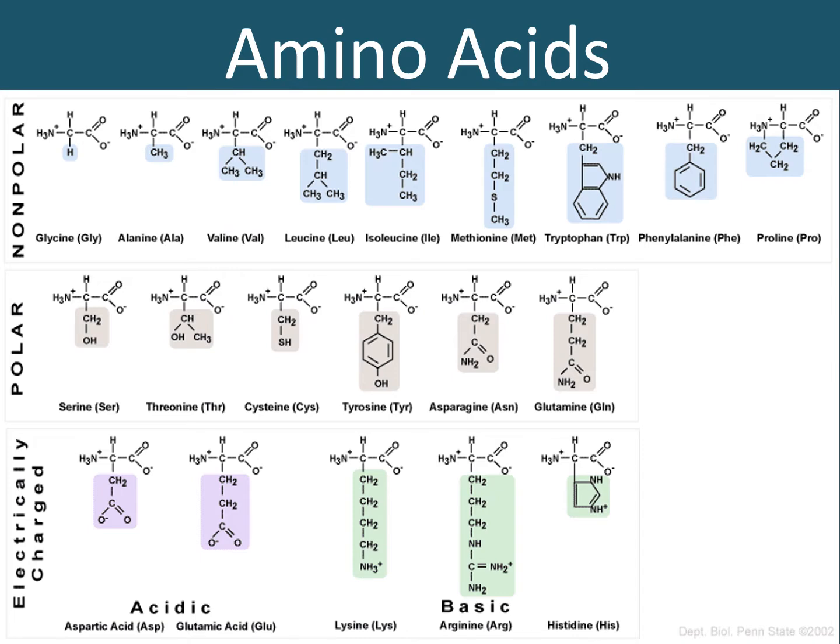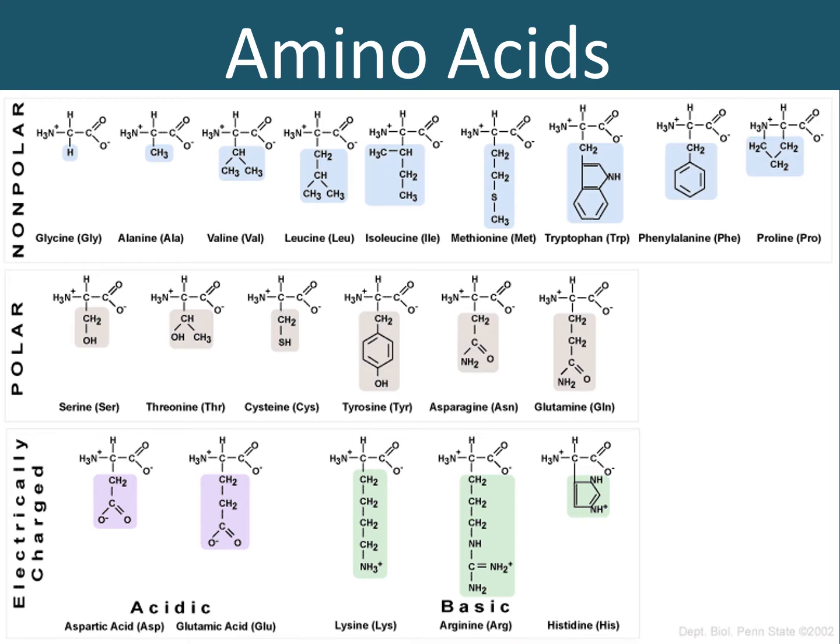This is a table of all 20 amino acids and their structures. Again, you don't have to memorize the amino acids, and you do not have to memorize all their structures. But you should know the 3 different groups of amino acids, which are shown here. Up above are the nonpolar amino acids, also called the hydrophobic or water-fearing amino acids.